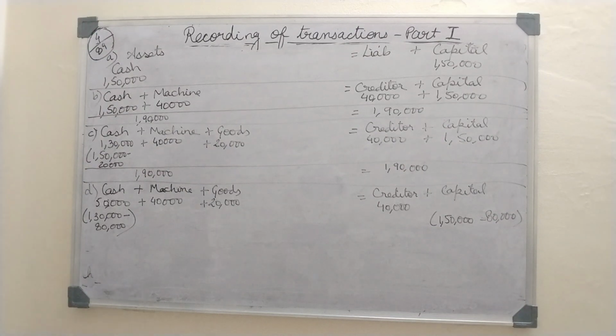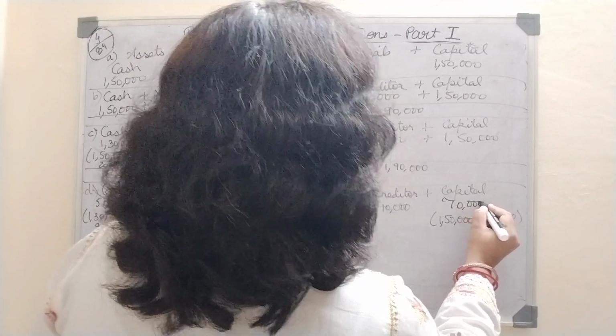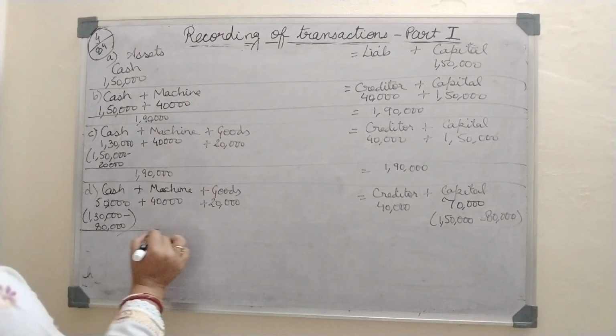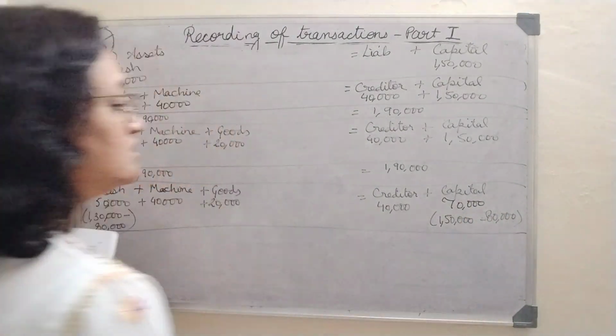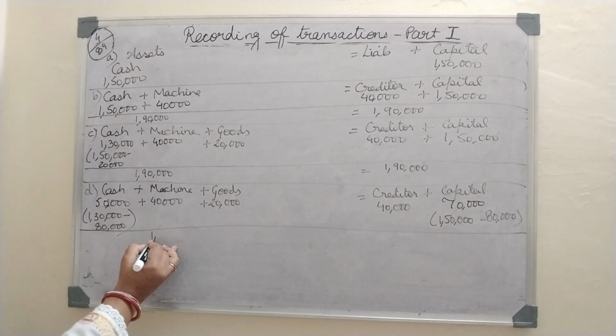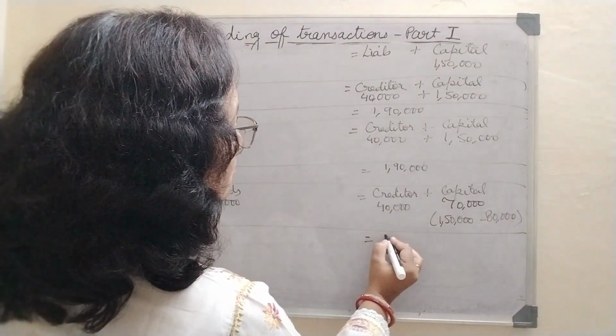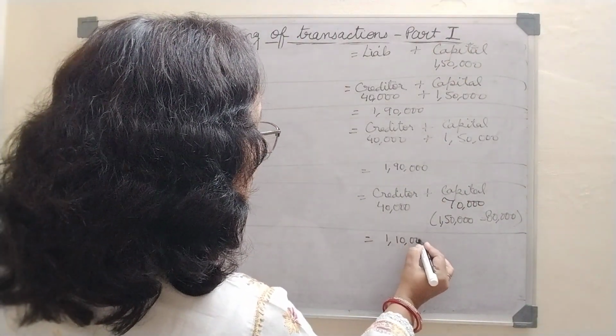So it comes to 70,000. Please check all the amounts which are written. Whether you are able to understand how these amounts have come, you have to be clear about it, right? So it gives you total 1,10,000. Same over here, 1,10,000.